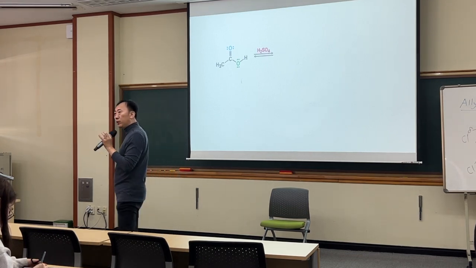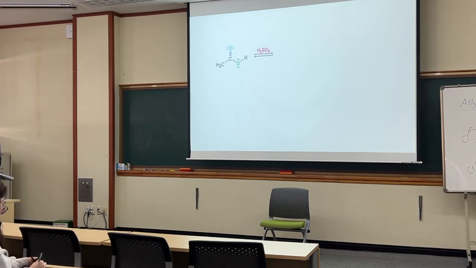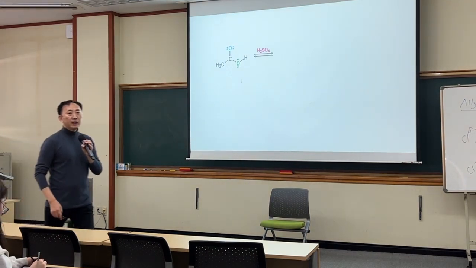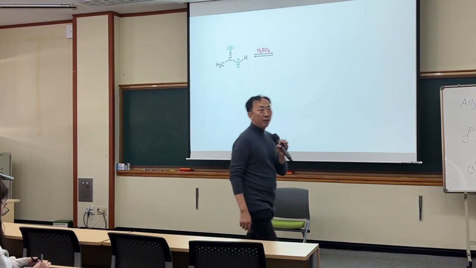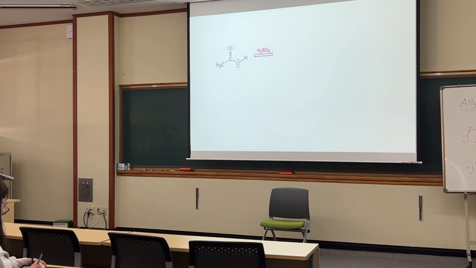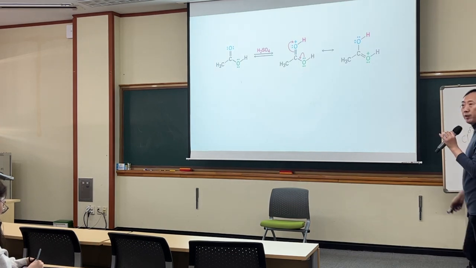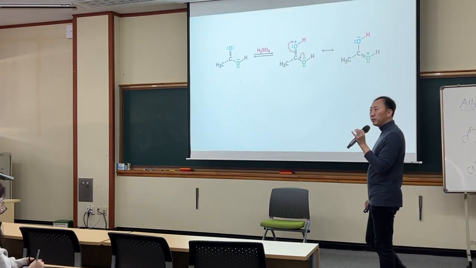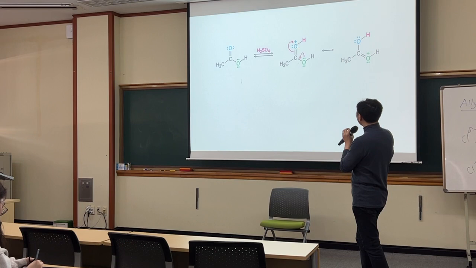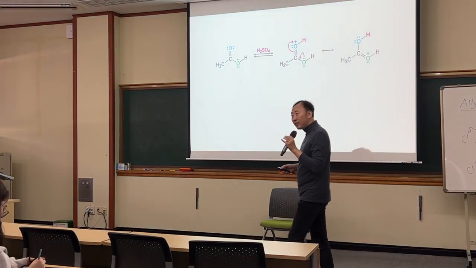Even though carboxylic acid is an acid, if you add an even stronger acid, like sulfuric acid or HCl, these have stronger proton donating power. The proton can be donated here, and that proton can go to the sp2 oxygen. Now this is the opposite case of acetate, right?